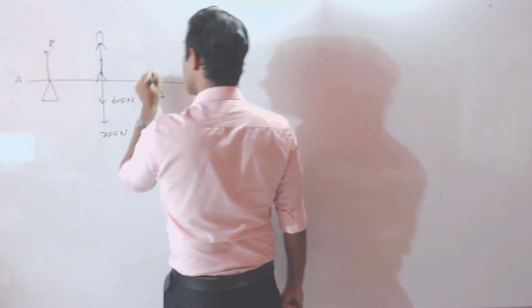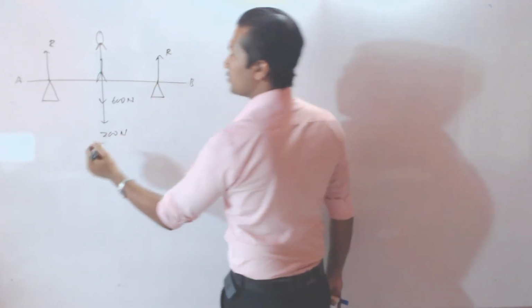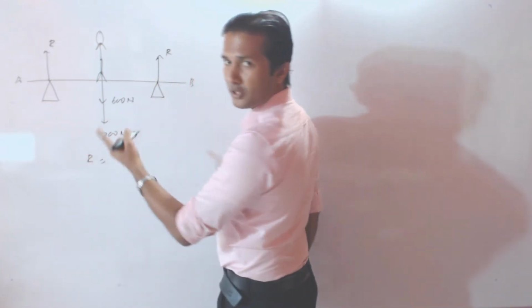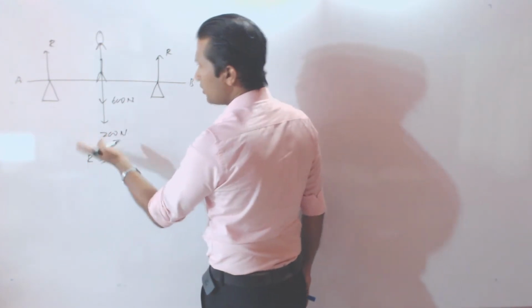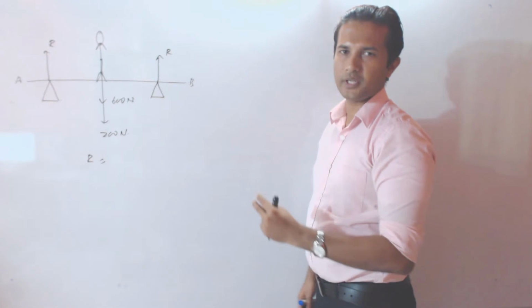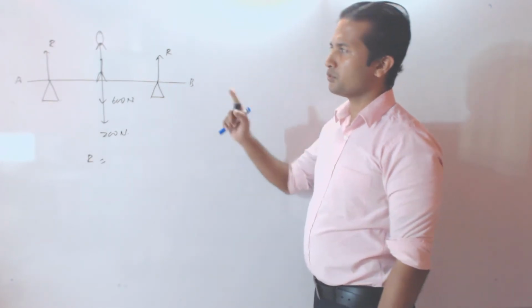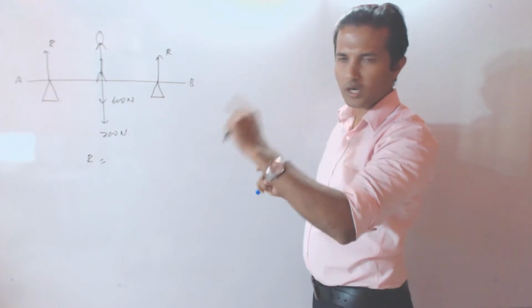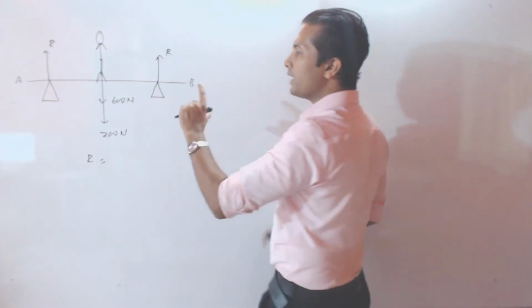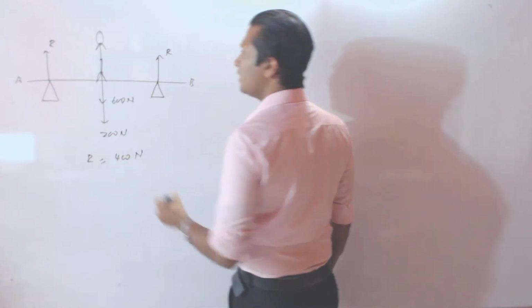According to the symmetry of the figure, the R values should be equal to each other. We know that if the object is in equilibrium, the upward force should be equal to the downward force. So upward force 2R, downward force 800, so R equals 400 newtons.